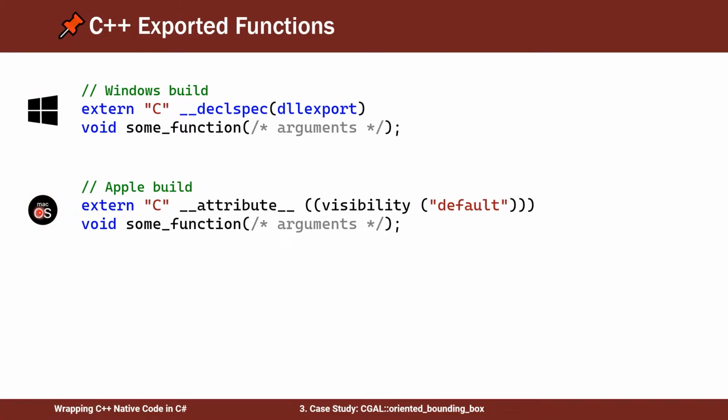You also notice the difference of decoration here. Windows is this one, and Mac OS is this one. The reason they are different on each platform is that dynamic link libraries are implemented differently in Windows and Mac OS. So each platform has a unique way of telling the linker what to do with the library.